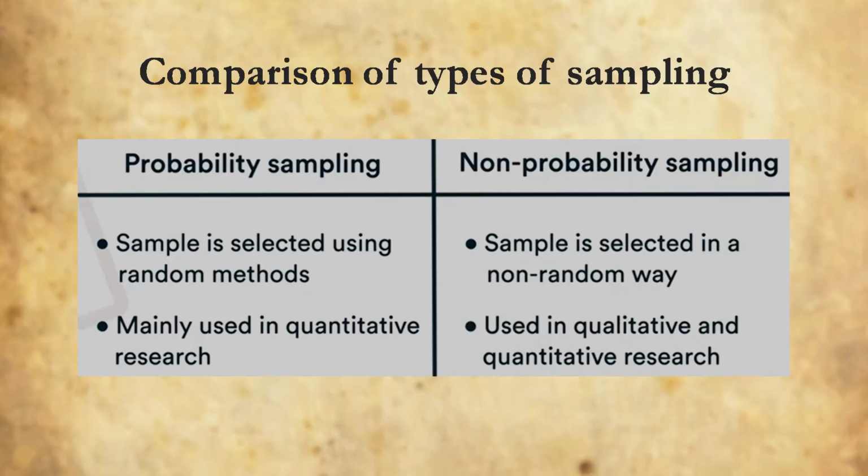Now, before starting, we need to know if there is any difference between the types of sampling. In probability sampling, the sample is selected using random methods and it is mainly used in quantitative research. Whereas in non-probability sampling, the sample is selected in a non-random way, and this type of sampling is used in both qualitative and quantitative research.